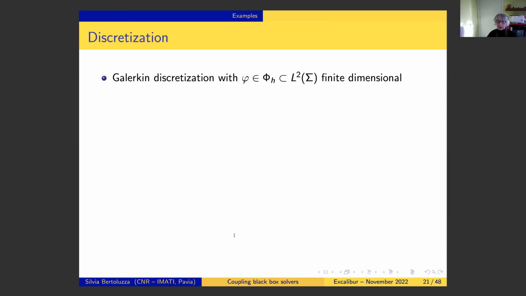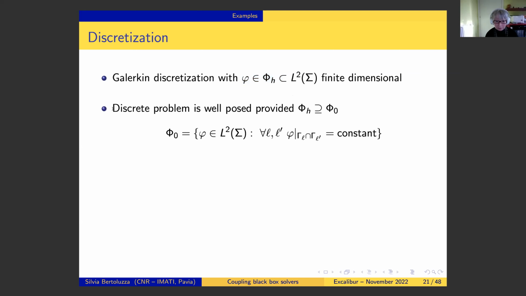If I discretize it, this time phi is an approximation for the outer normal derivative, so it only needs to be L2, and I can prove that the discrete problem is well posed provided the phi zero space, which I talked about before, which is defined in this case as the phi in L2 such that phi is a constant on each common edge between two subdomains.